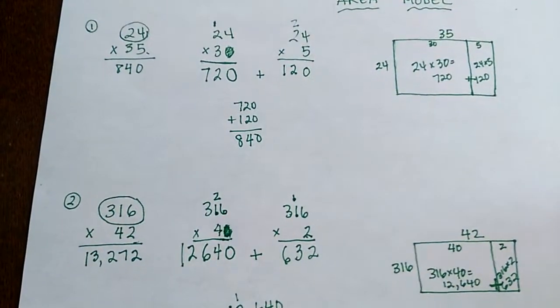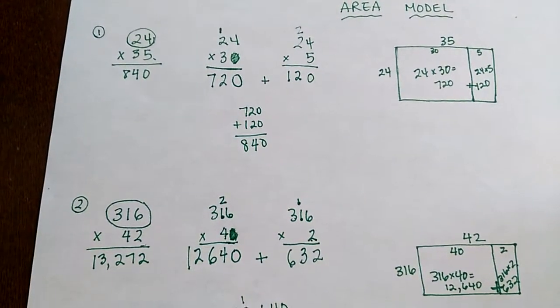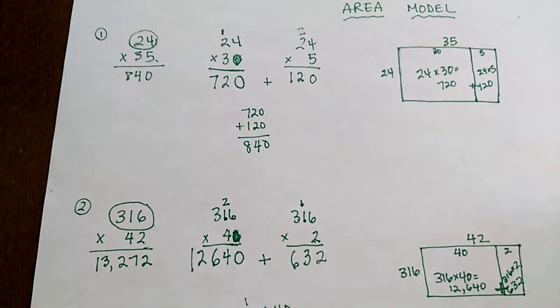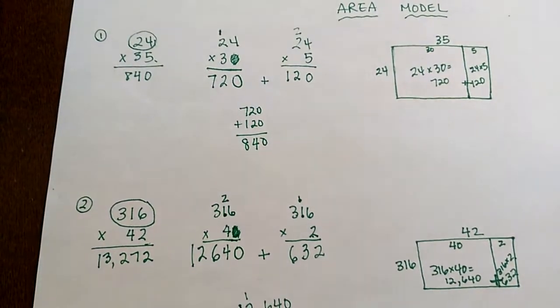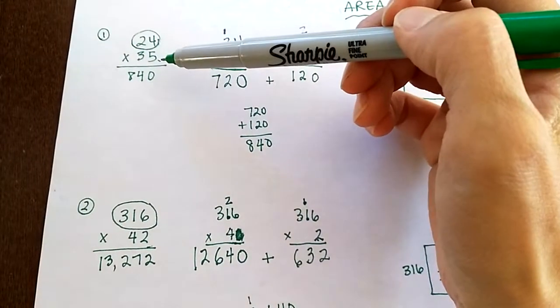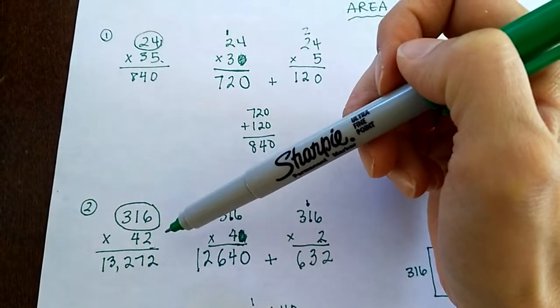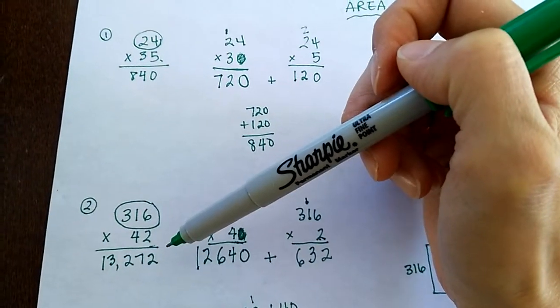Really, traditional method is the same thing. It's that you are not writing out new problems. So I'm going to show you the same problem, 24 times 35 and 316 times 42, but using the traditional method. So here you go.